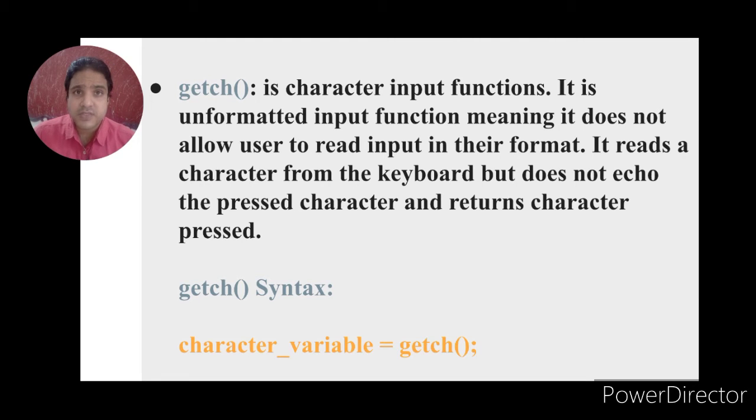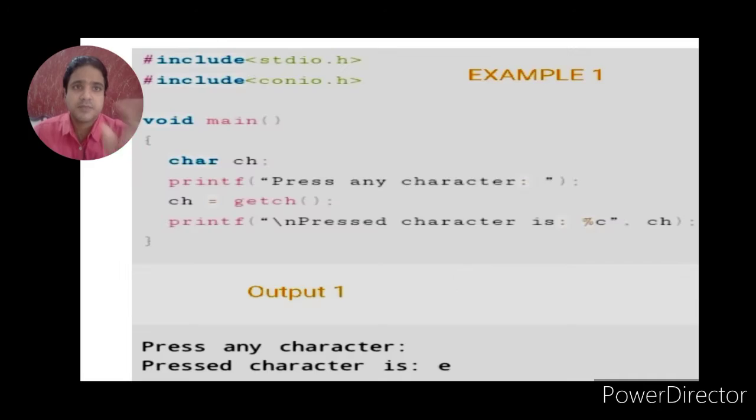It means the getch function will not echo whatever character is pressed on the keyboard, but it will return the character to a character type variable. This is the example here. Here the character type variable is ch, and ch = getch(). It means if the user presses any key, it will not show on the screen, but it will be stored in the ch variable.